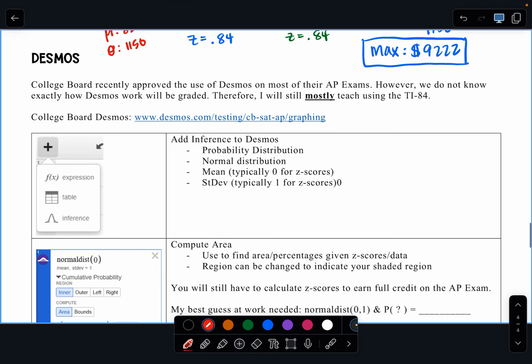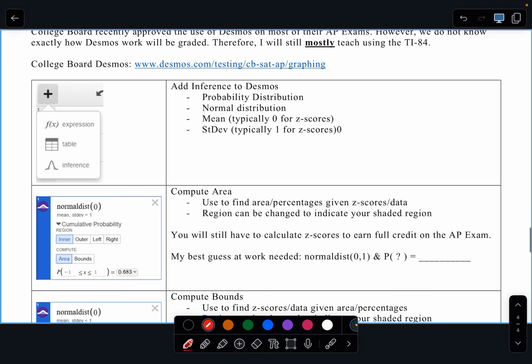The only issue that arises with using Desmos is we don't know how they're going to grade it. They did not release any FRQs with grading rubrics attached so that we know what has to be on your paper. I can look at those questions and tell you exactly what you need from your TI calculator to get credit, because we have millions of rubrics to look at and see they require this, this, this, and this. Desmos is me making my best guess as to what you will have to have on your paper. So I'm going to show you it, and we're going to talk about it.